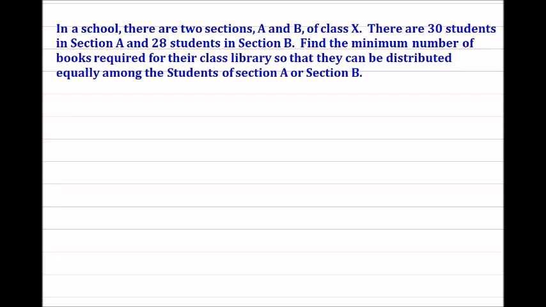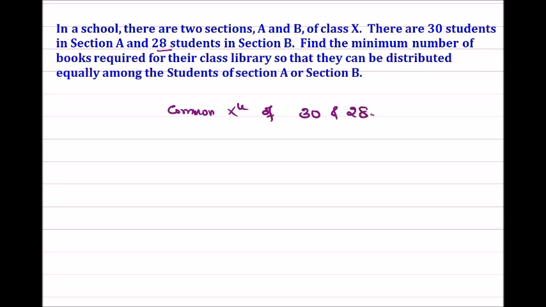Here, to distribute books equally among the students, section A has 30 students, or section B has 28 students. Hence, the total number of books is a common multiple of 30 and 28.